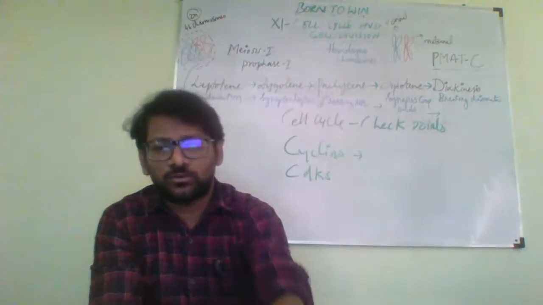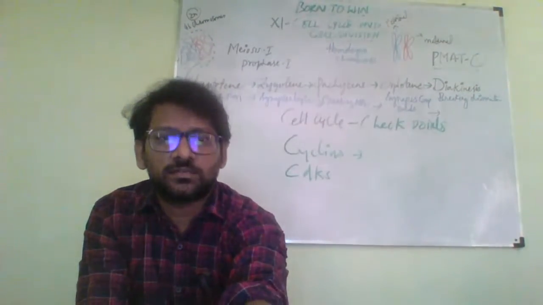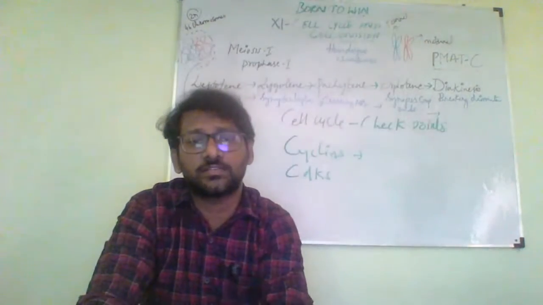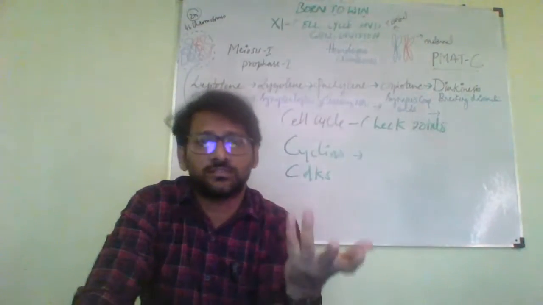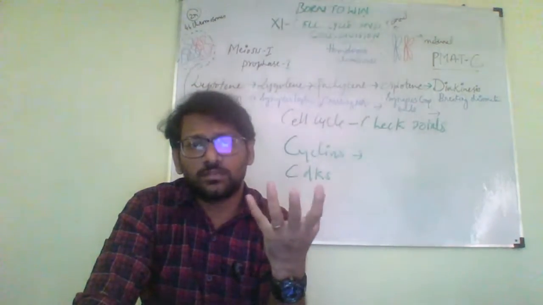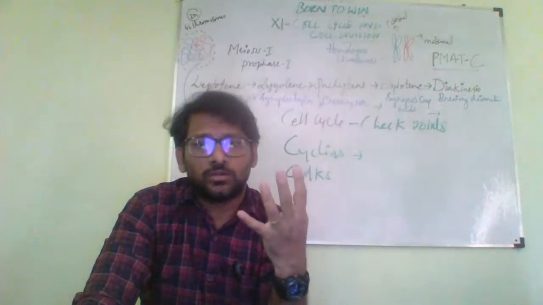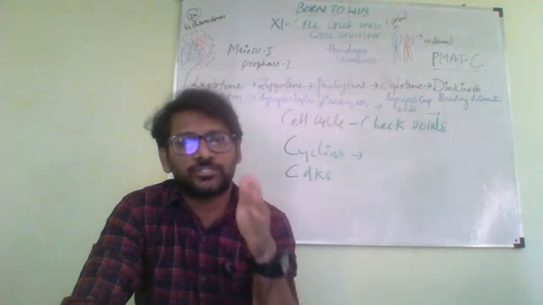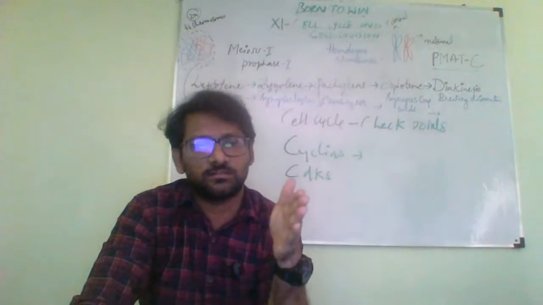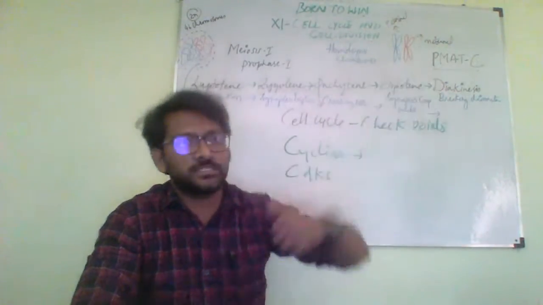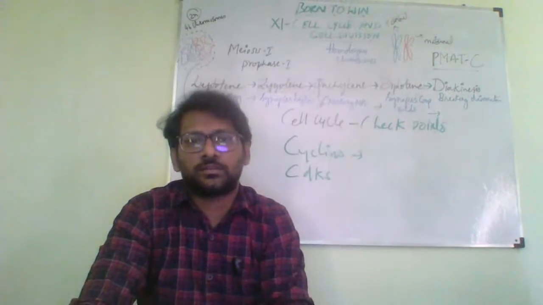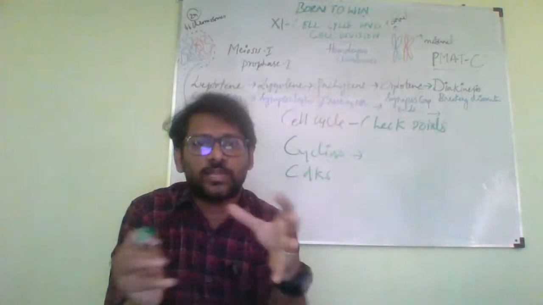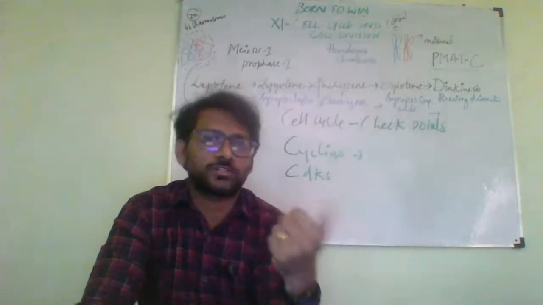So likewise, we have different cell cycle regulators. For example, these CDKs check whether this is occurring properly or not, right? So cyclin and CDK complexes would halt the progression into telophase.